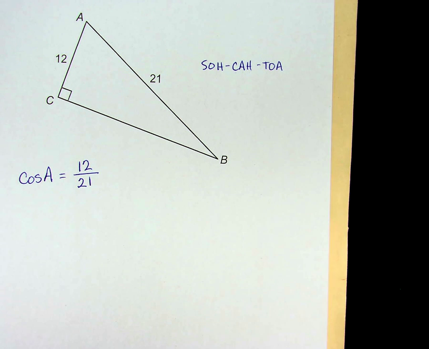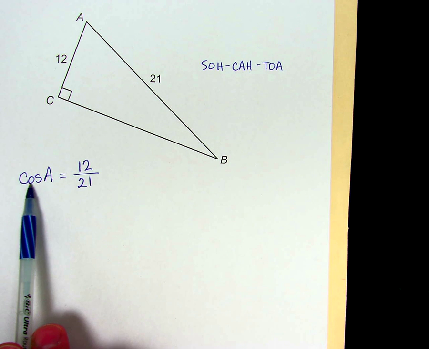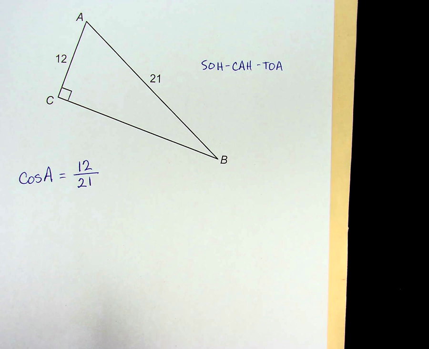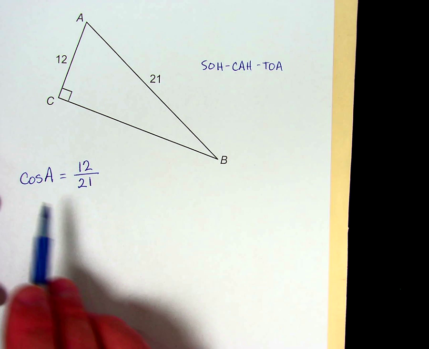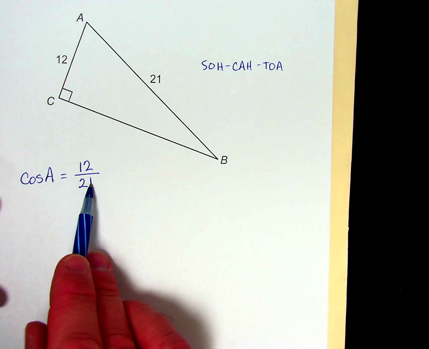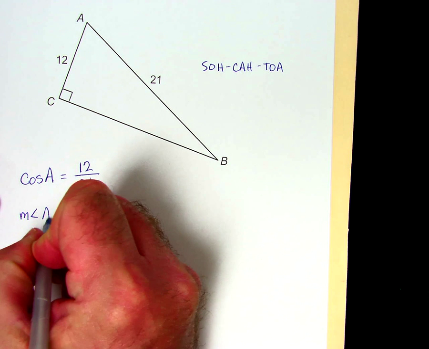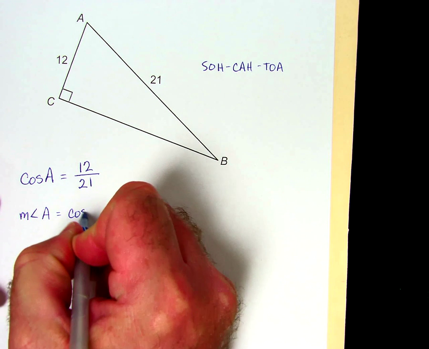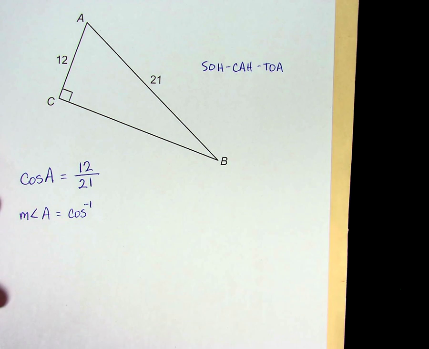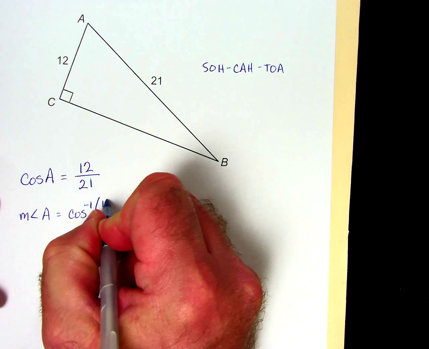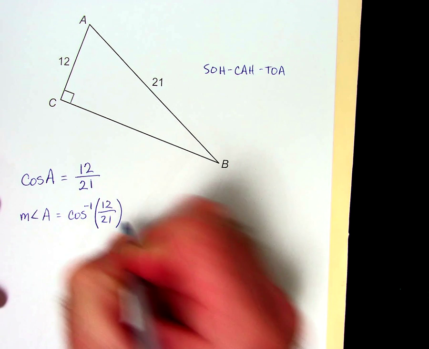Now, in your notes, we talked about every operation has an inverse operation, and the trigonometric functions are no different. The inverse operation for the cosine is the inverse cosine. So if I take the inverse cosine of both sides of this equation, I'd get the measure of angle A equals the inverse cosine, that's how we write it, of 12 divided by 21.